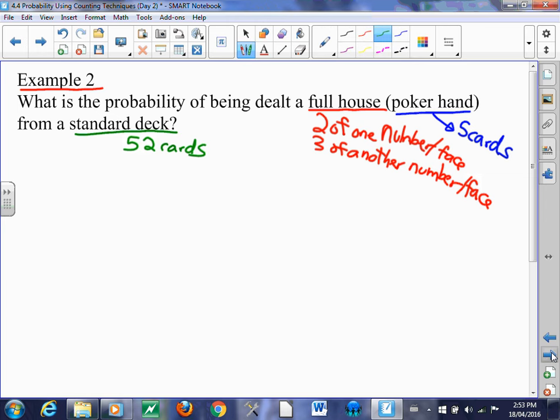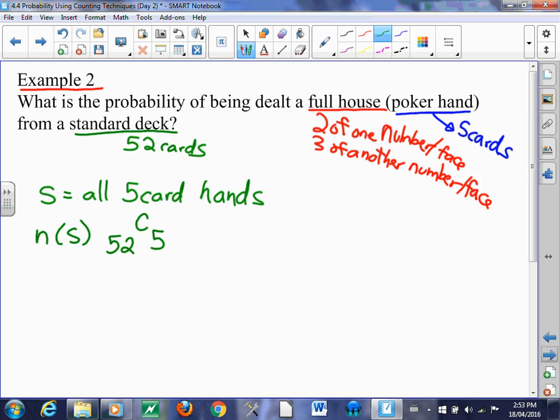All right. So we want to eventually find the probability. And don't forget that when we take a look at our sample, we need all 5 card hands. So to find the number in our sample, you take 52 cards total, and we're going to choose any 5 of them.